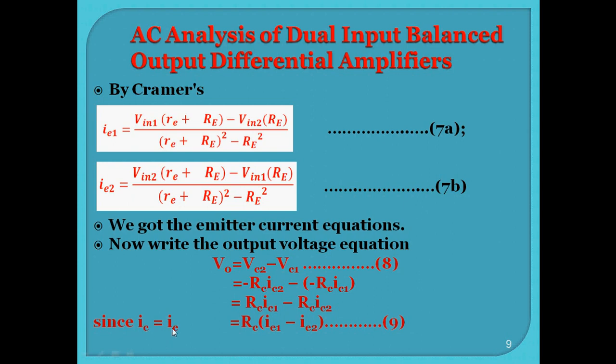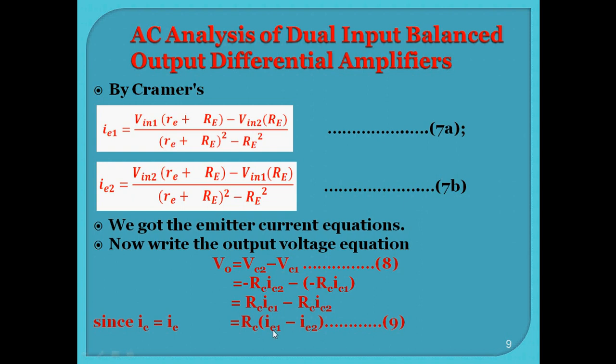Since IC is equal to IE, it is RC into bracket IE1 minus IE2. So this is nothing but the output voltage equation. This is equation 9: RC into bracket IE1 minus IE2.